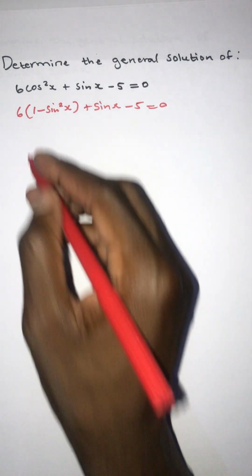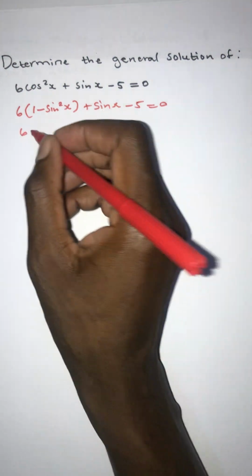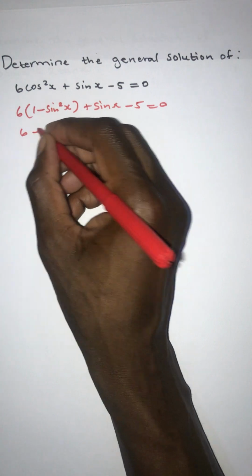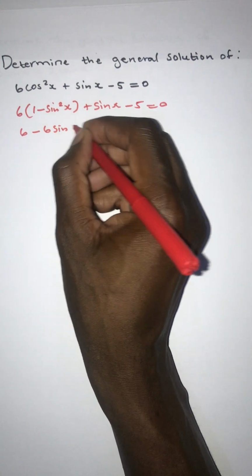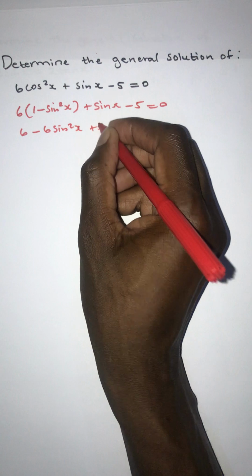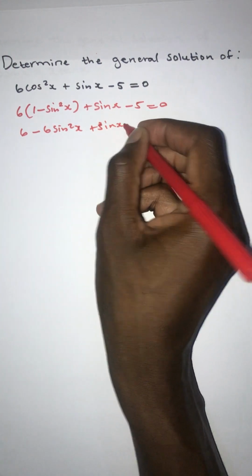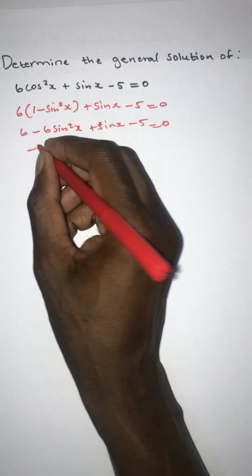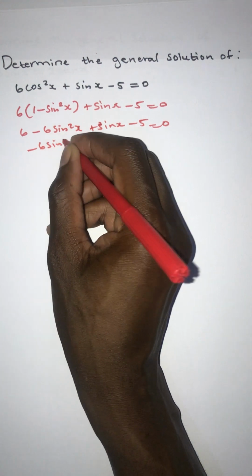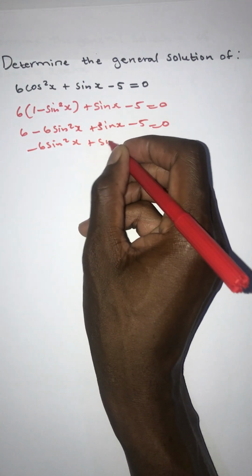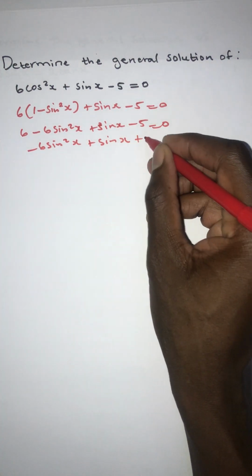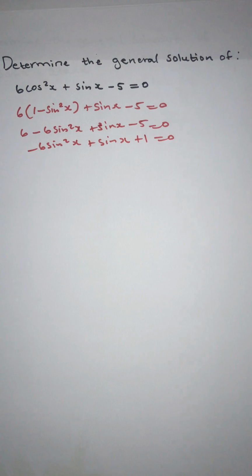So 6 times 1 is just 6. 6 times negative sine squared x is minus 6 sine squared x, plus sine x minus 5 is equal to 0. So 6 minus 5 is just 1. So this side negative 6 sine squared x plus sine x, 6 minus 5 is equal to plus 1, then it's equal to 0.